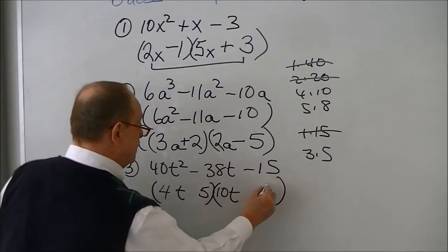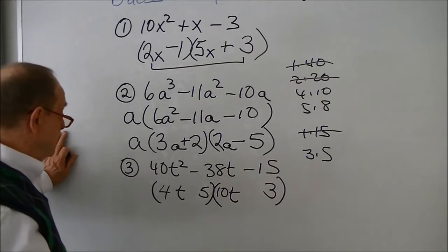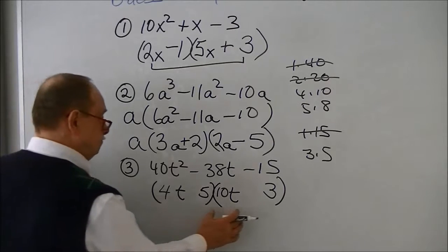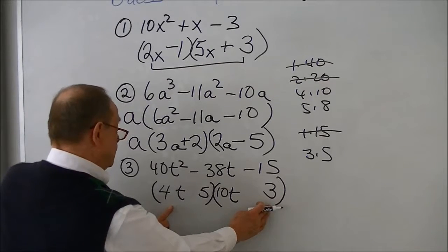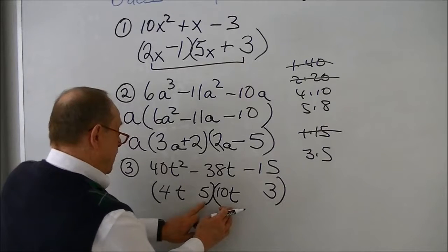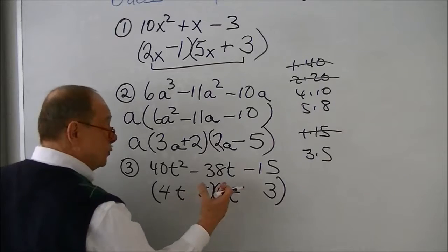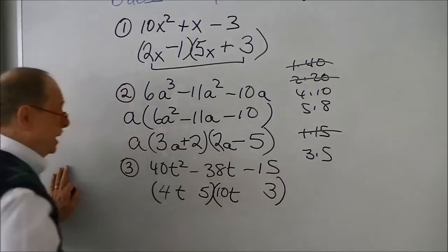A 5, and a, ooh, I think we hit pay dirt on that one. Yep. So my outers here are 12, my inners are 50, and the difference between 12 and 50 is 38. This is going to be it.